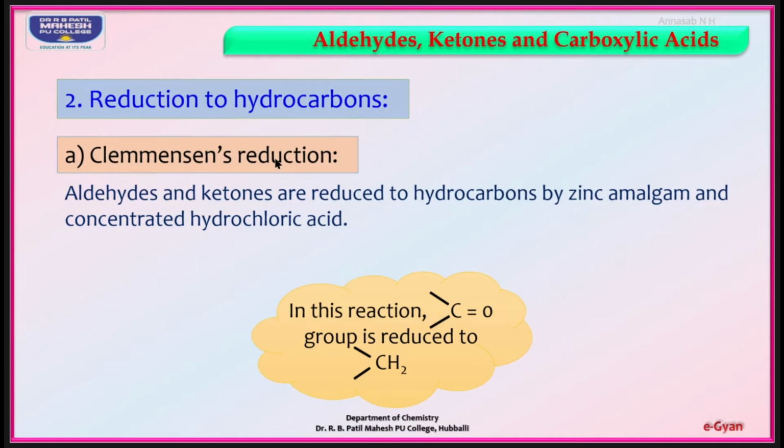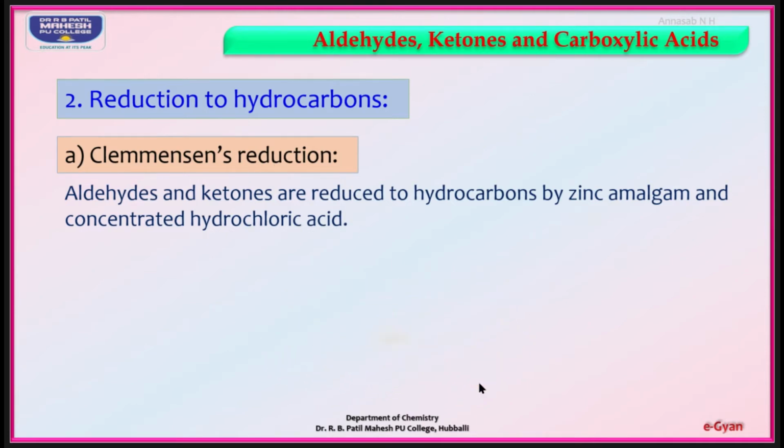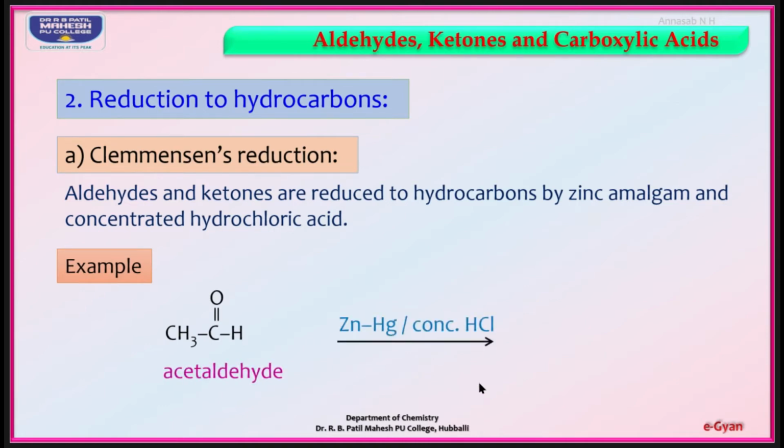Example: CH3CHO, acetaldehyde, which is treated with zinc amalgam in presence of concentrated HCl, leads to the formation of CH3CH3, that is, the C double bond O group is converted into a CH2 group. The name of the compound is ethane.